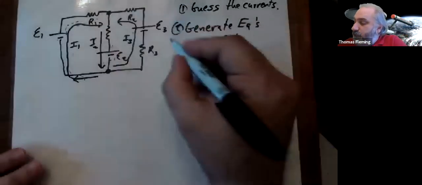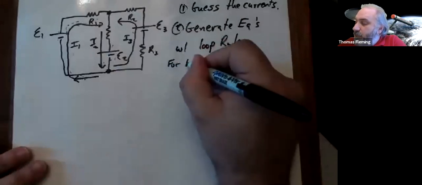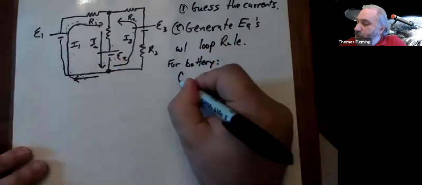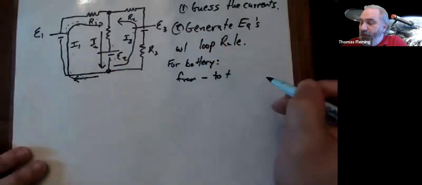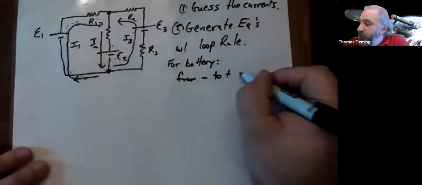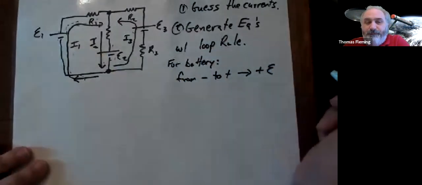So for batteries, if I'm going from the minus to the plus terminal, in other words, from the short side to the long side, that's going to be a plus EMF.